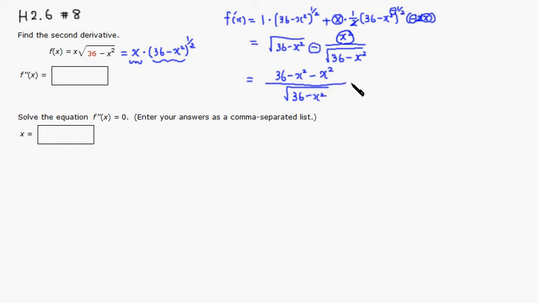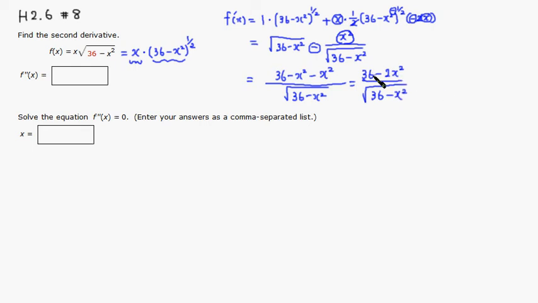So you can see that this is going to be simplified to 36 minus 2x squared over square root of 36 minus x squared.